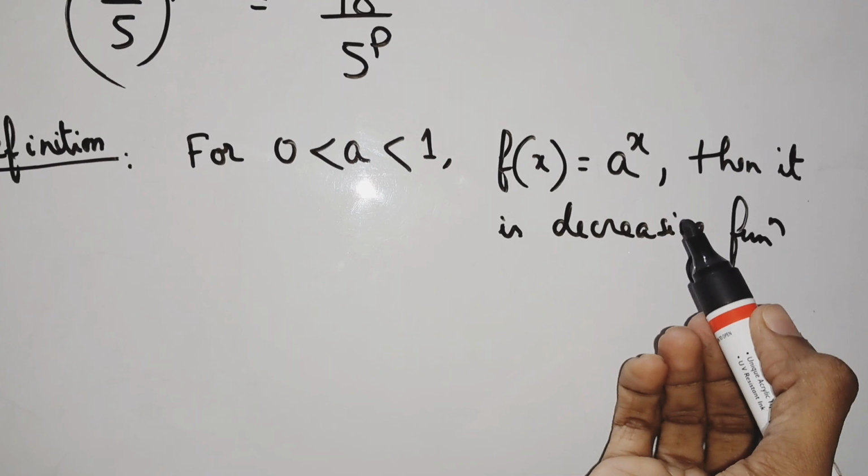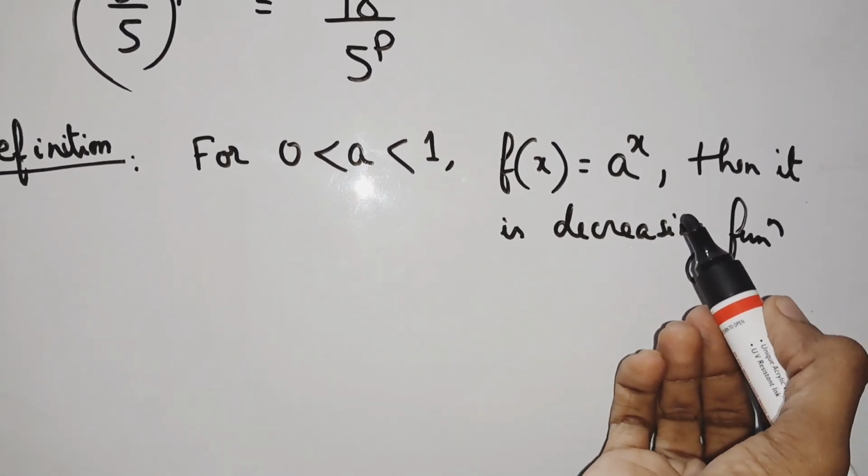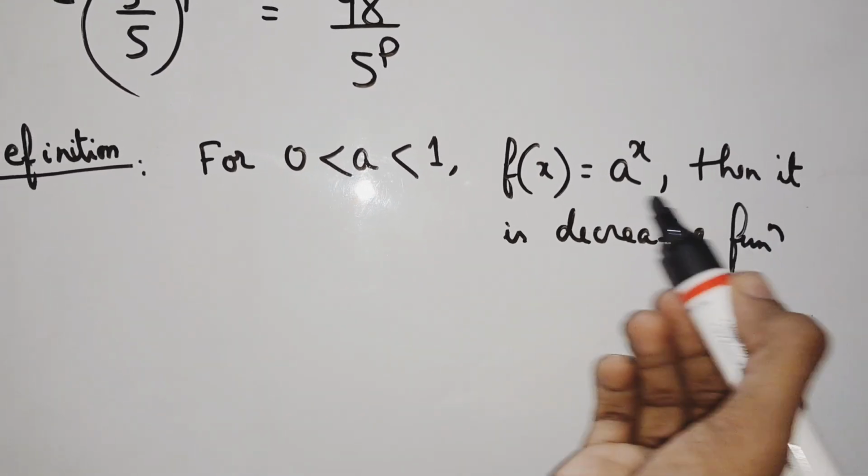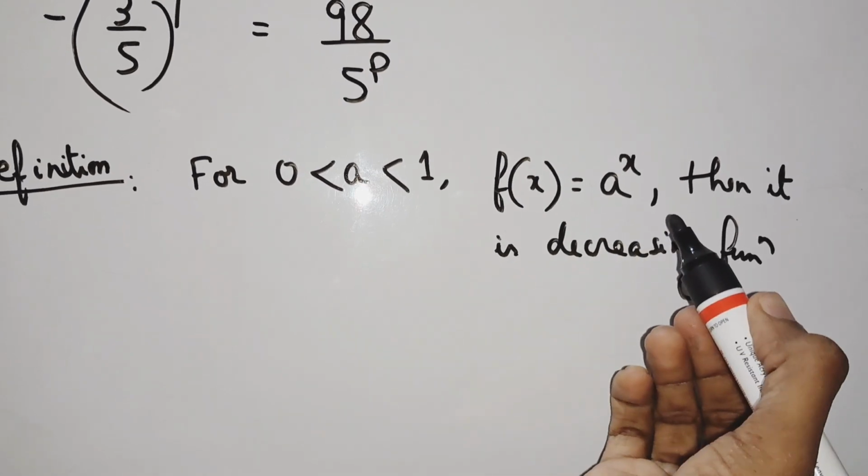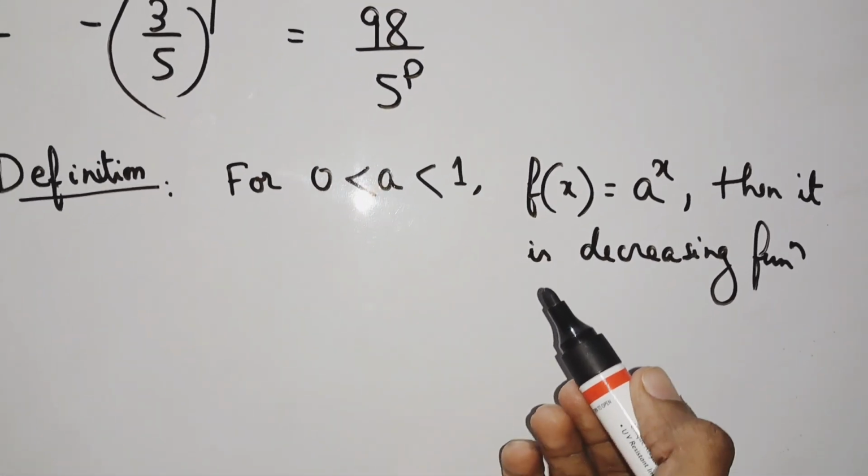Suppose a is 1 by 2, it is less than 1, or 3 by 5 similarly.